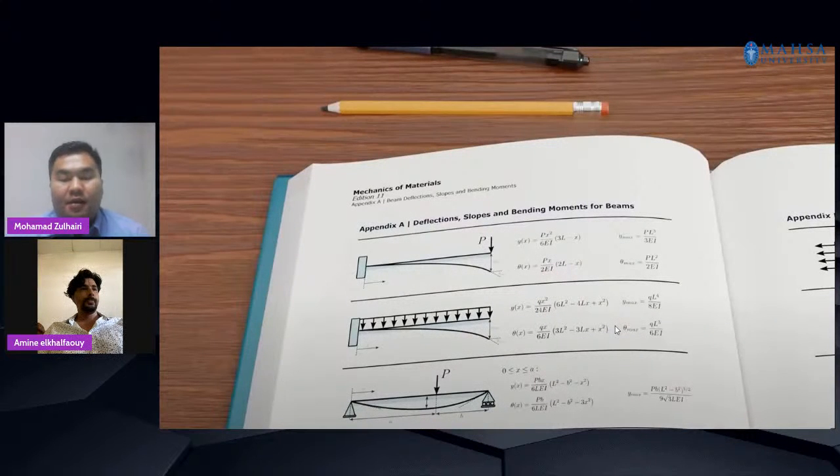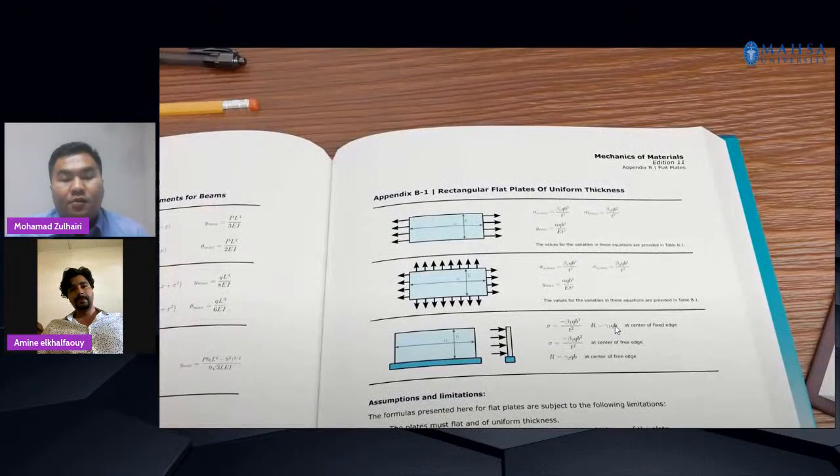For example, in the field of engineering, there are a lot of calculations involved, such as the analysis of a beam, including the deflection, the shape, and the beam moment, and also the stress analysis on the flat surface of a plate.